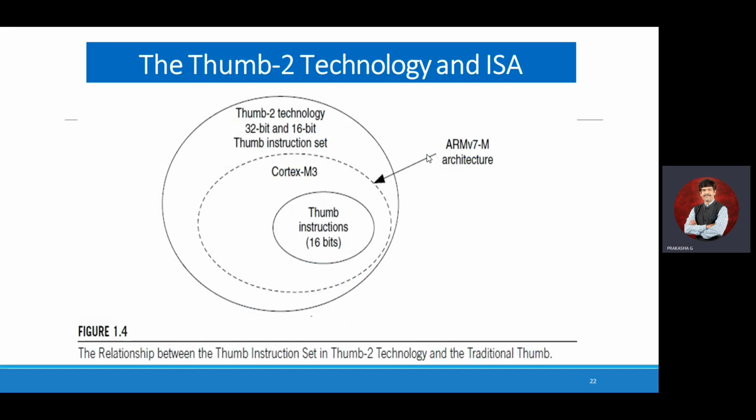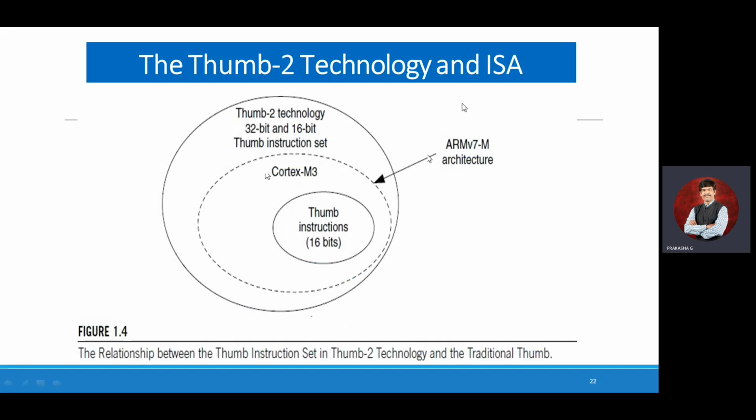As you will see, we have the thumb 16-bit instruction. The previous version of thumb instruction is only 16-bit. Now Cortex M3 has been added with additional 32-bit instructions, and there is also Thumb2, where it can deal with 16-bit data and instructions, or it can deal with 32-bit data or instructions. Previously, ARM version 7M architecture, we call Cortex M3.